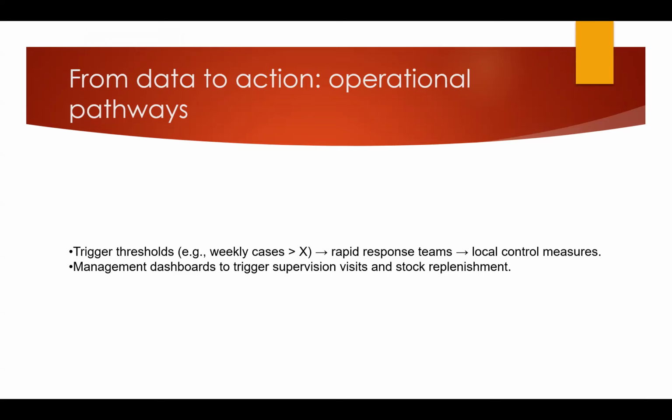And therefore, we are seeing that dengue is being controlled, monitored, and assessed, and this is an ongoing process, and it is working very well like well-oiled machinery in the case of dengue particularly. Management dashboards trigger supervision visits and stock replenishment.